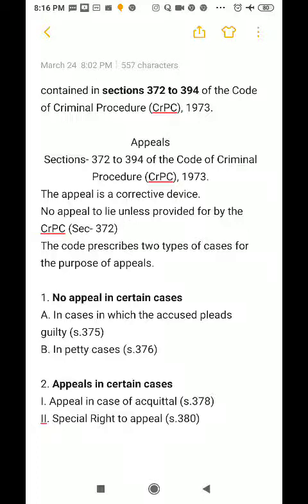That means, suppose Mr. X is a victim and Mr. Y is the person doing the wrong.